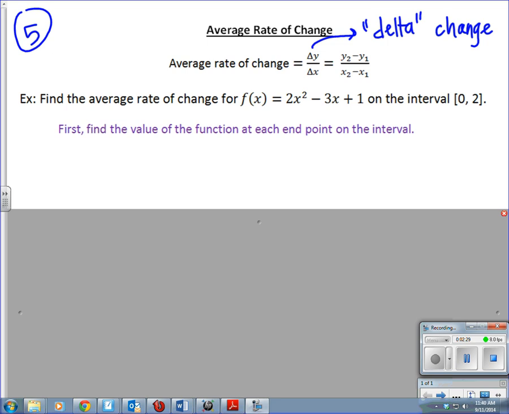Okay, so first we are going to plug in the first endpoint of our interval, which is 0. So let's write f of 0.